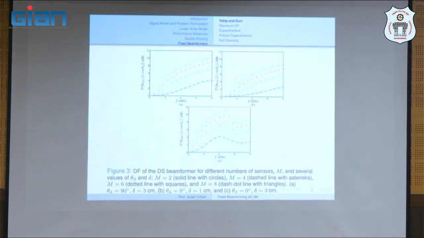So it can be proved that the directivity factor obtained using the Delay-and-Sum beamformer is always larger than 0 dB, or larger than 1. It's always larger than 1. What does it mean?